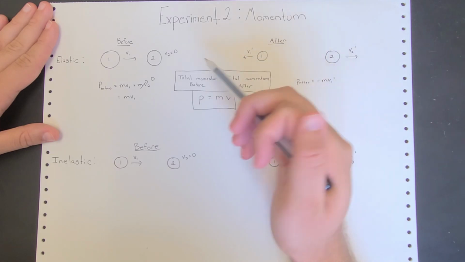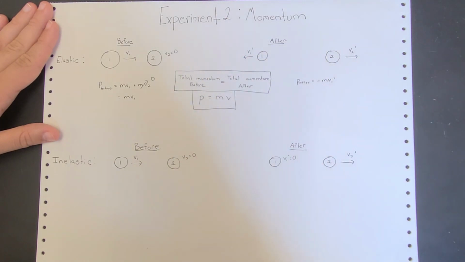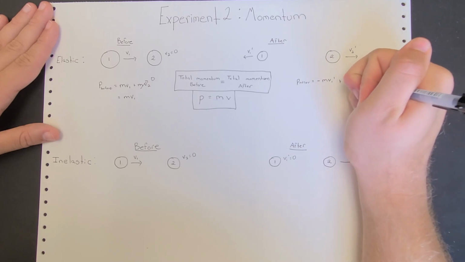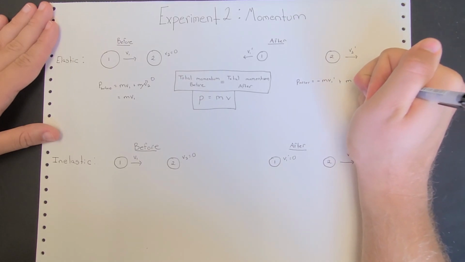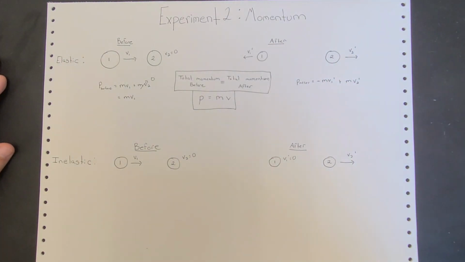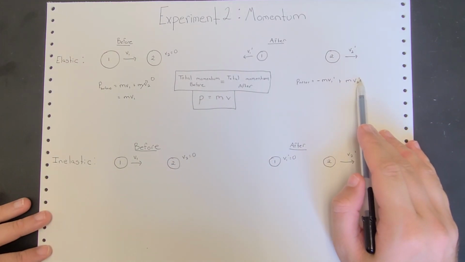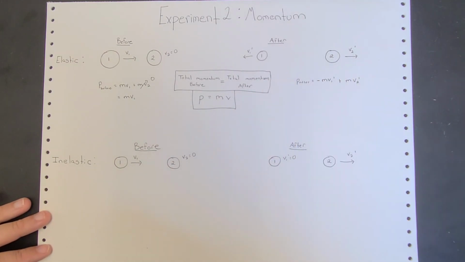So if we're moving in the opposite direction, it comes with a negative sign. Plus m v2 prime. And don't let this prime confuse you. It's just notation that means after the collision.